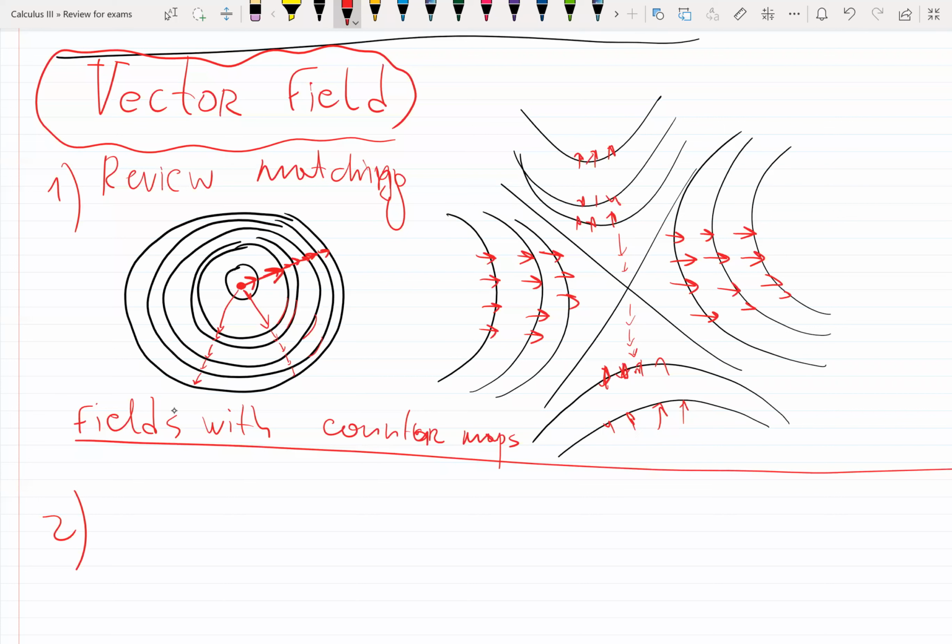Then remember you had homework with repulsive and attractive fields. Review that. I don't know, are you good at that or not? With repulsive and attractive ones. What do you think? Post in the chat. Do you remember repulsive and attractive ones?